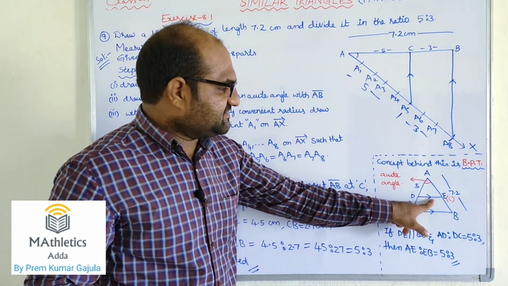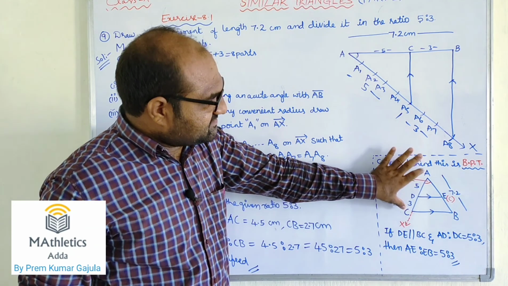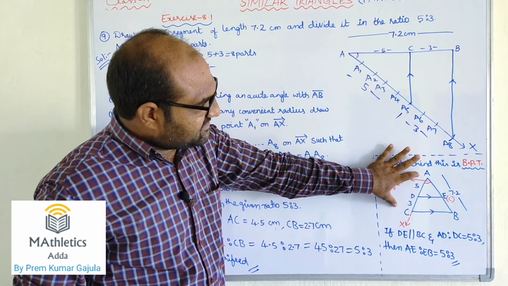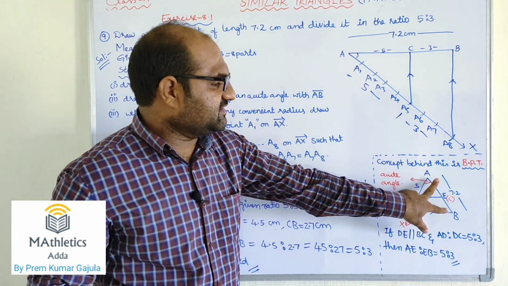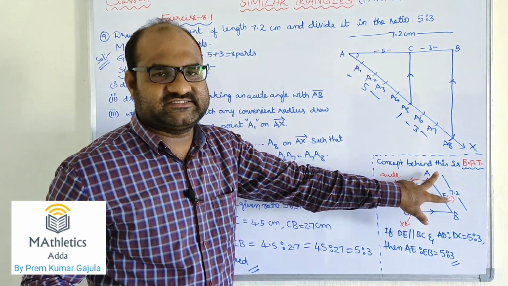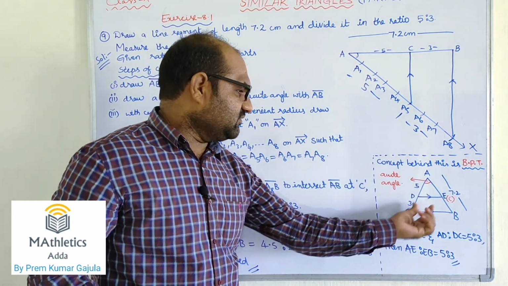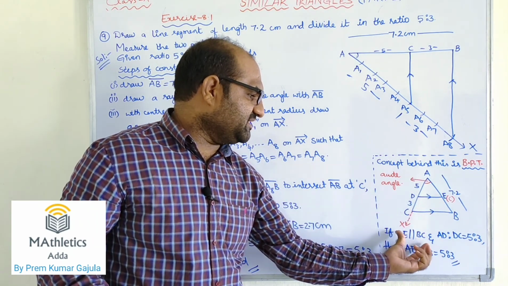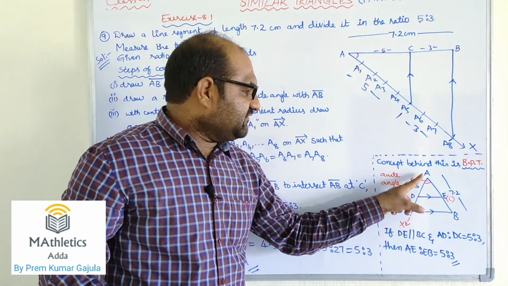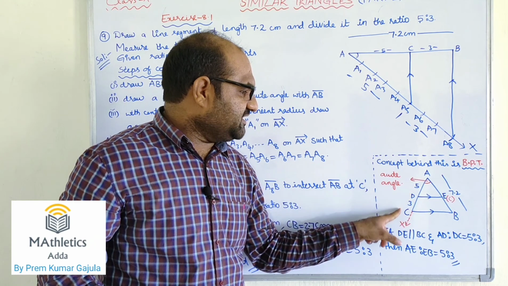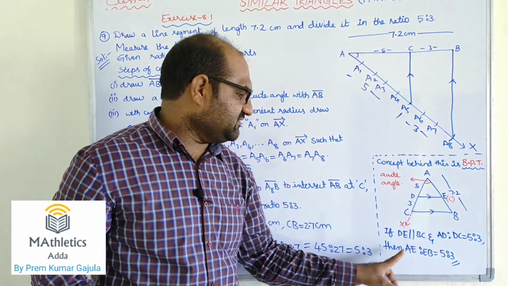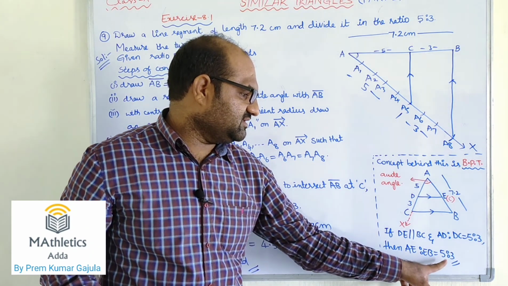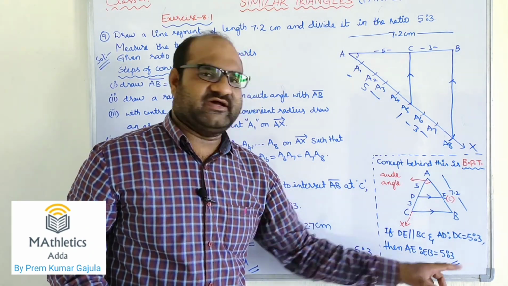That means if this is parallel and it divides one side in some ratio x to y, then it definitely divides the other side also in the same ratio, x to y. So if DE is parallel to BC and AD to DC is 5:3, then AE to EB will also be 5:3.